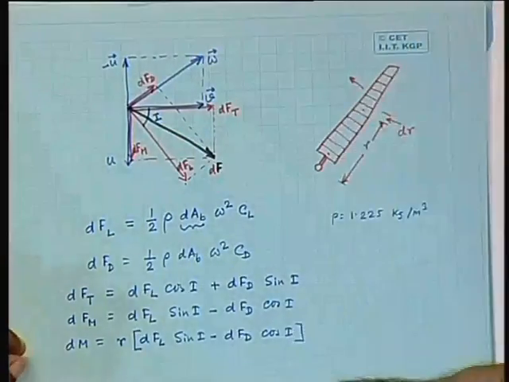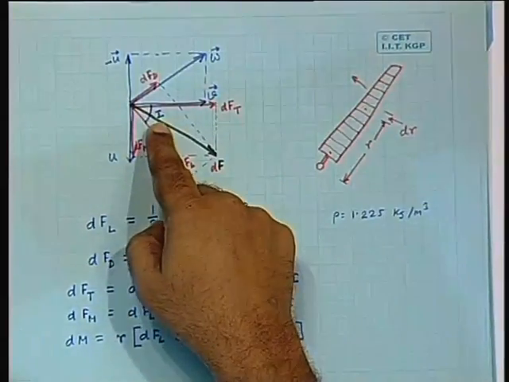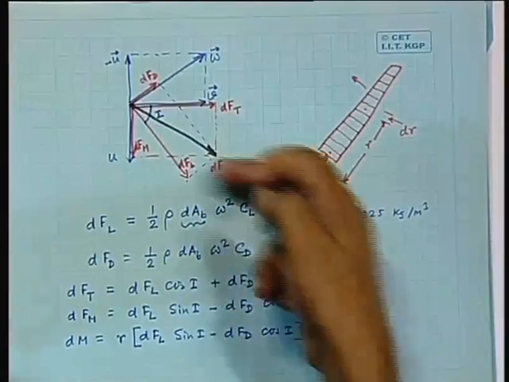Because the blade's chord is not exactly aligned with the direction of motion. It has an angle called a pitch angle, and therefore you have to subtract that from the I in order to find the angle of attack. From there you read the values of CL and CD, and then everything follows.